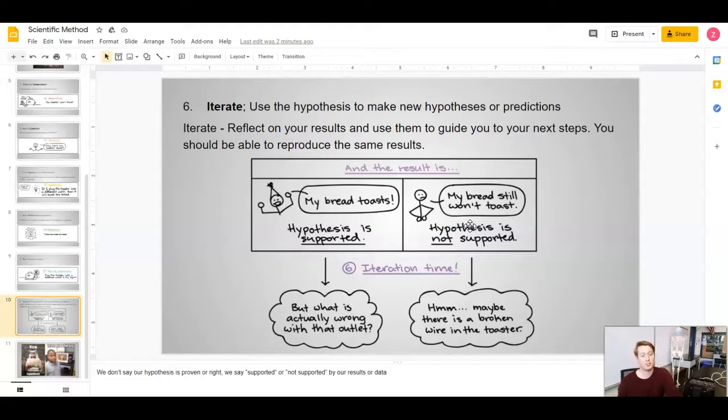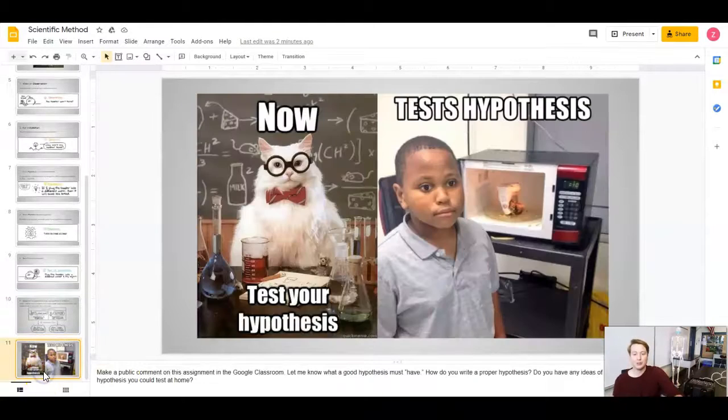Because our hypothesis was if we plug the toaster into a new outlet, then the toast will toast. But if that didn't happen, then we think, well, maybe something else is wrong, so we need to come up with a new hypothesis. So we think, maybe there is a wire broken in the toaster. But of course, we're not going to be messing around with electricity, and don't do it at home. And that concludes our lesson for today.